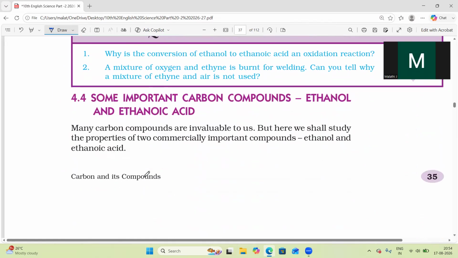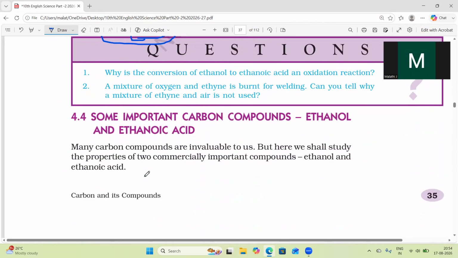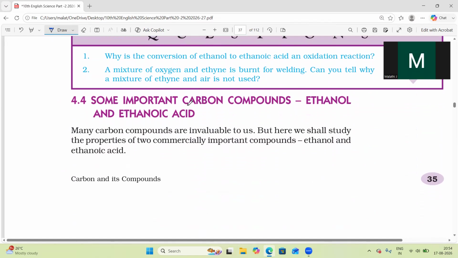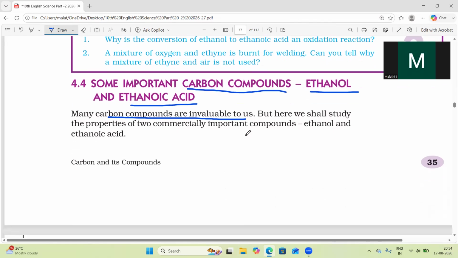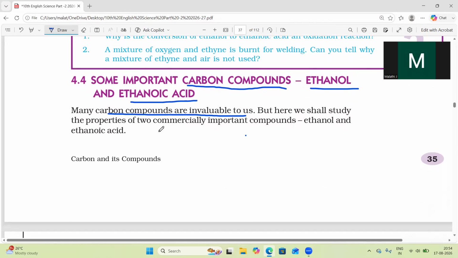Now, some important compounds. If you observe, the chapter name itself is carbon and its compounds. The most important carbon compounds are ethanol and ethanoic acid. So we will see some properties of ethanol and ethanoic acid, and how they react. There are many carbon compounds that are invaluable to us, but we will study the properties of two commonly important compounds.